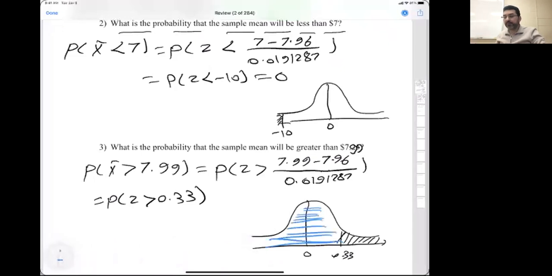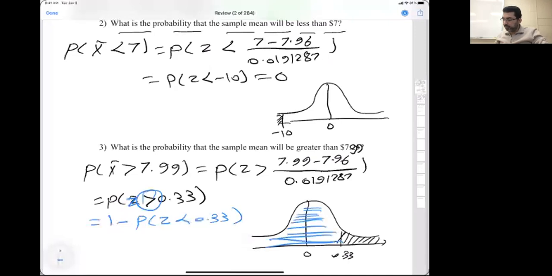If you remember our rules in chapter number 6, when we have greater than, we convert this probability to 1 minus the probability that z is less than 0.33, the complement rule.